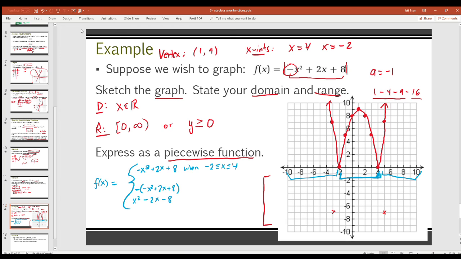Either way you write it, it's going to be when x is less than negative 2, or x is greater than positive 4. Now you need to actually include both of these in here with your piecewise function, because again, it is flipped when x is less than negative 2 or when x is greater than positive 4. So you need to include both of those cases in your piecewise function.